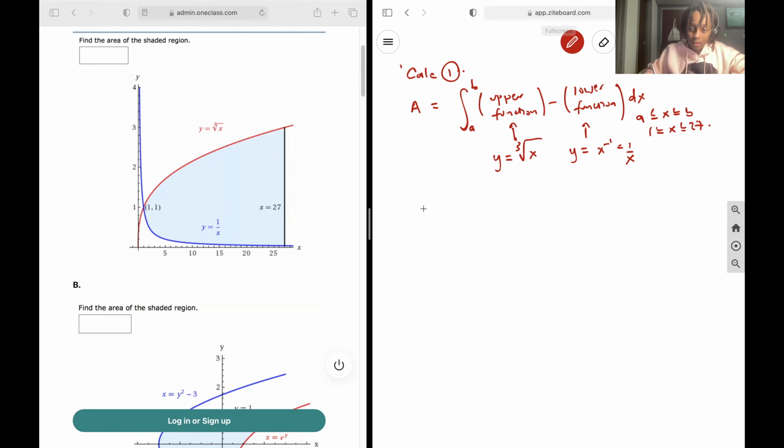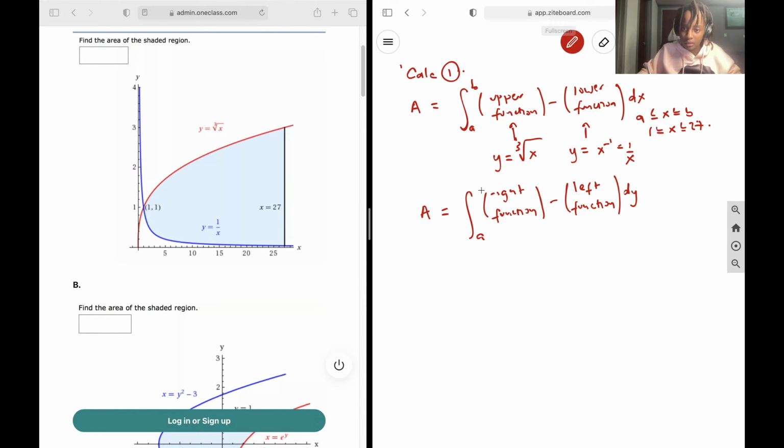The second way is by taking the integral from a to b of the right function minus the left function over dy if, let's use different variables for our bounds, between c and d, if y is bounded by c and d.